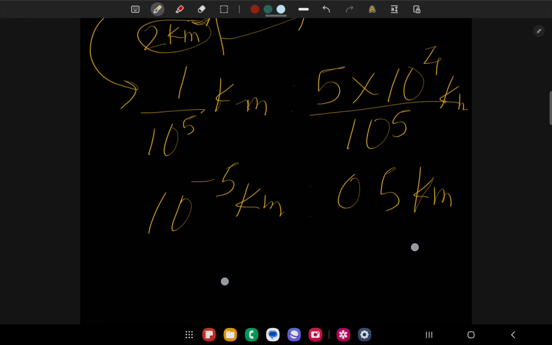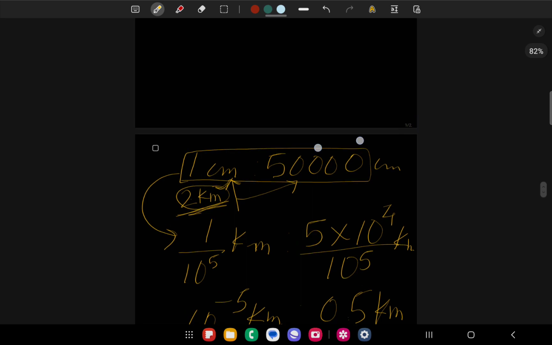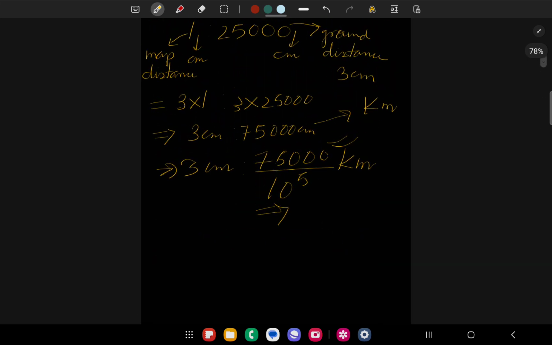All right, so this and this we found. So on a ground surface, if it is 0.5 kilometer, then this is the distance on a map. So what is the question? If the ground distance is 2 kilometer, what will be the value on the map? Okay, so let's continue here.